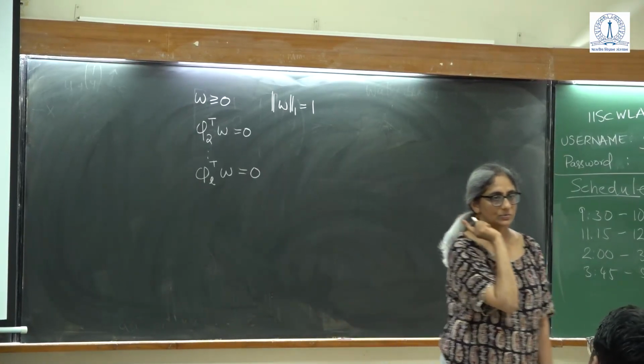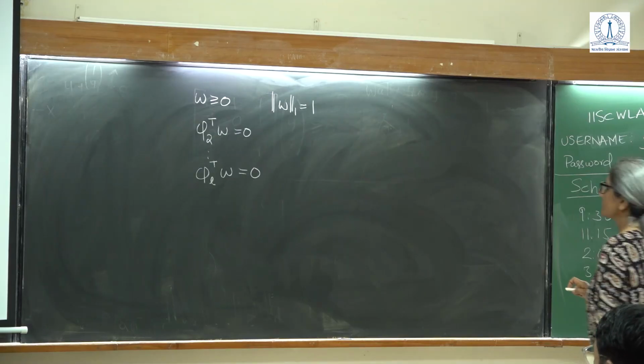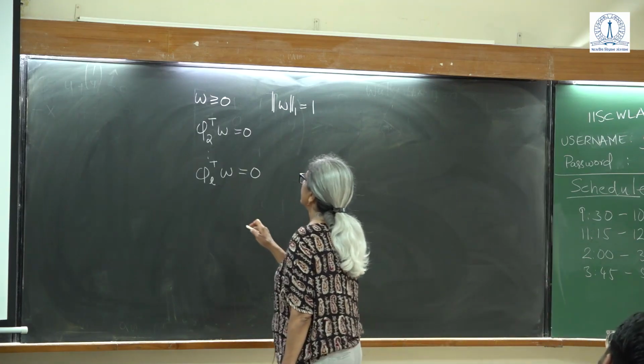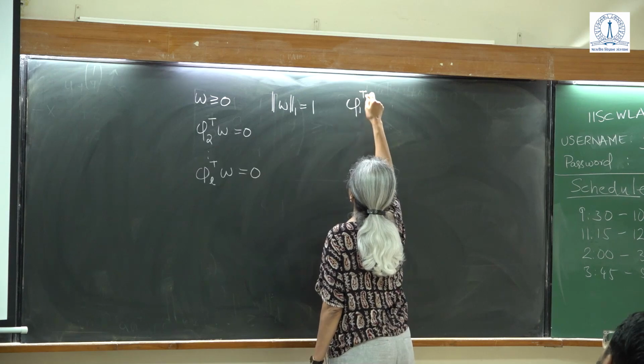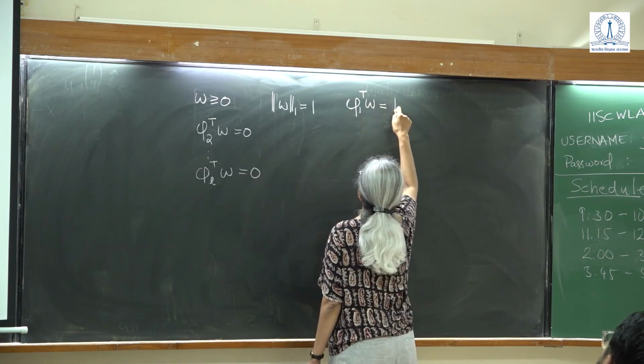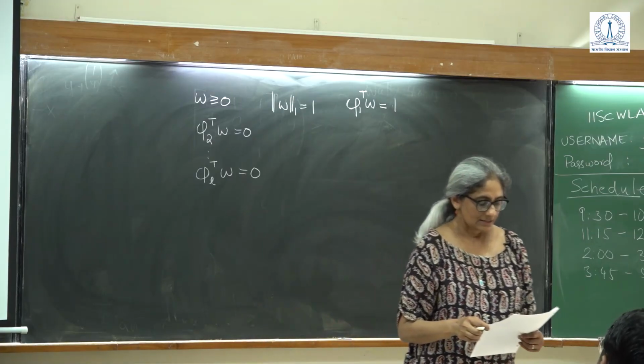This is how the measure was constructed. It also had phi1 transpose W equal to 1, so we normalized it like that. So we found that.